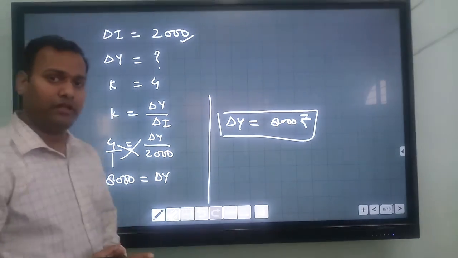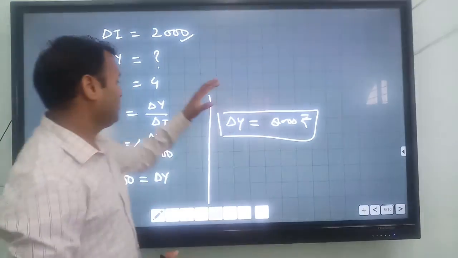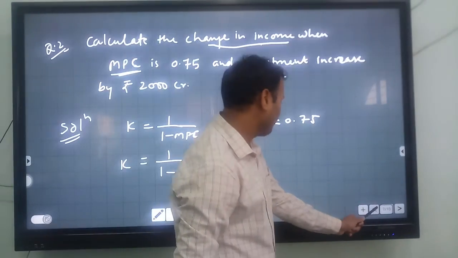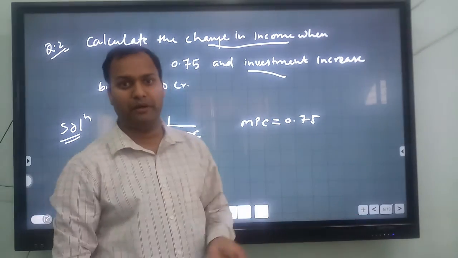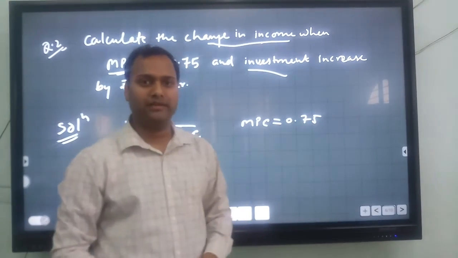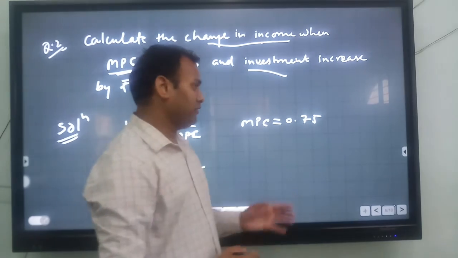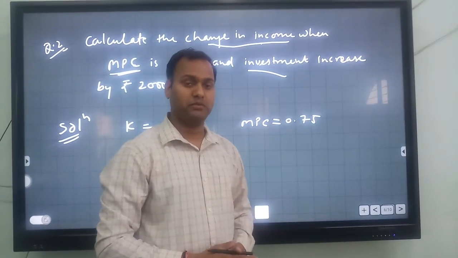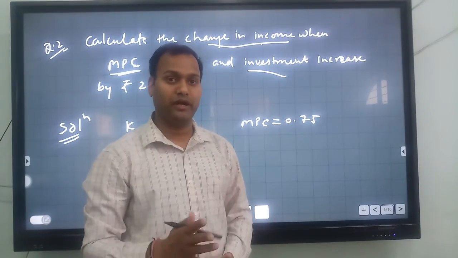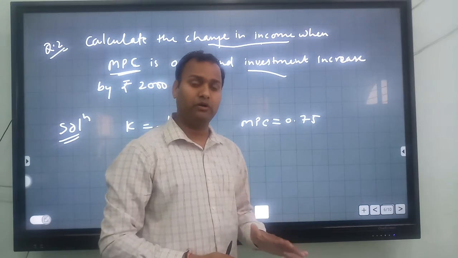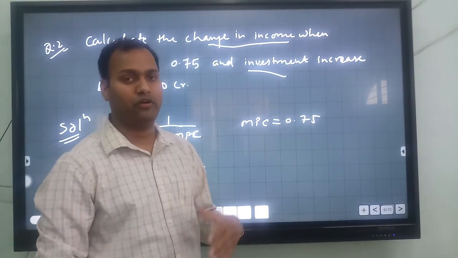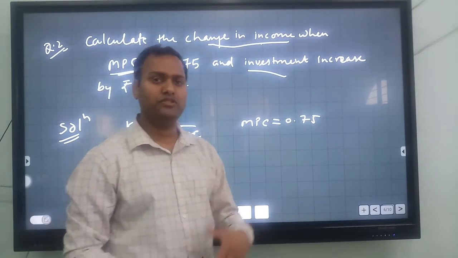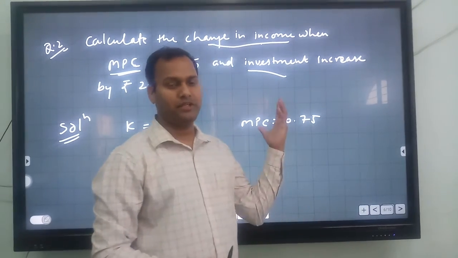Okay, so in this question it does not mention calculating the investment multiplier, but we have to calculate it, because the formula of the investment multiplier is K is equal to delta Y upon delta I. Without calculating K, we cannot calculate delta Y, the change in income, if the change in investment is given.